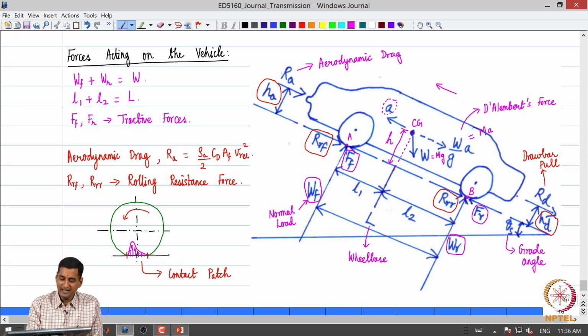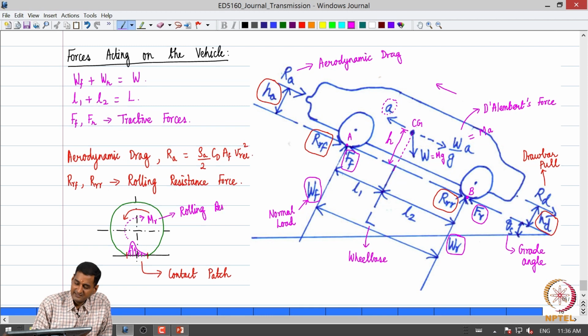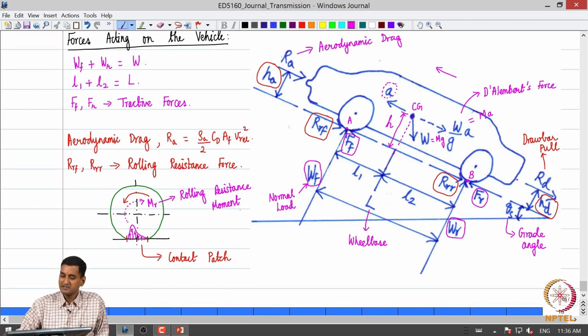So if you take the resultant of this normal stress distribution of the tire road contact patch, you will see that there is going to be an opposing resultant moment, right, because the normal stress distribution is asymmetric. So this moment is what is called the rolling resistance moment, okay, which is denoted by M subscript R.